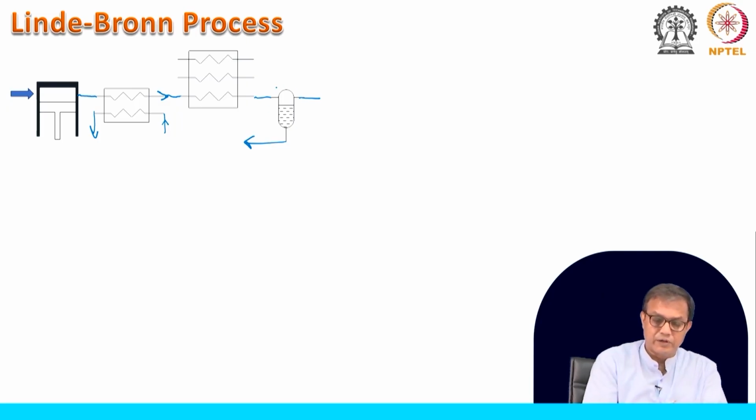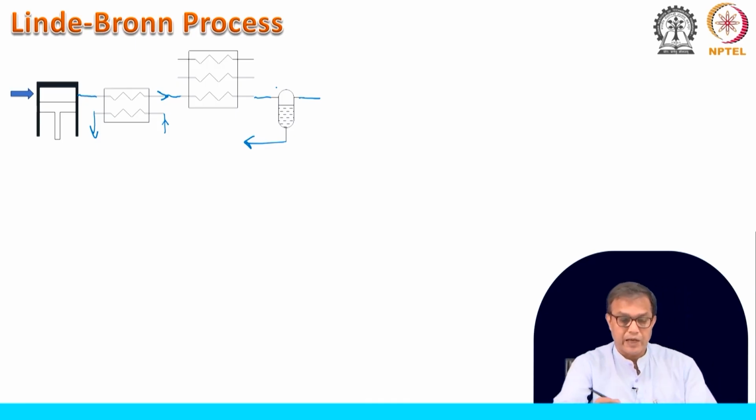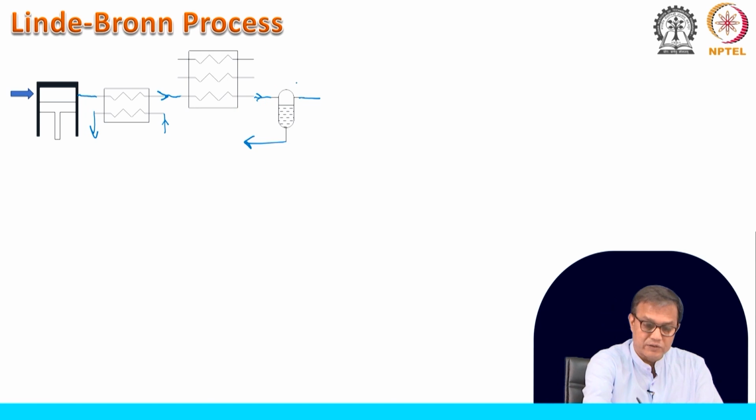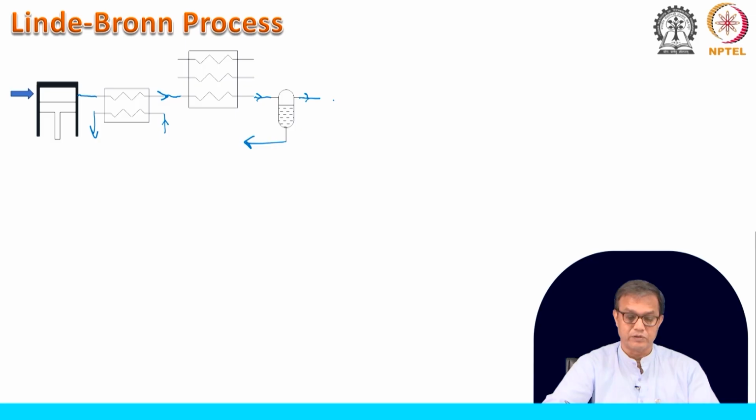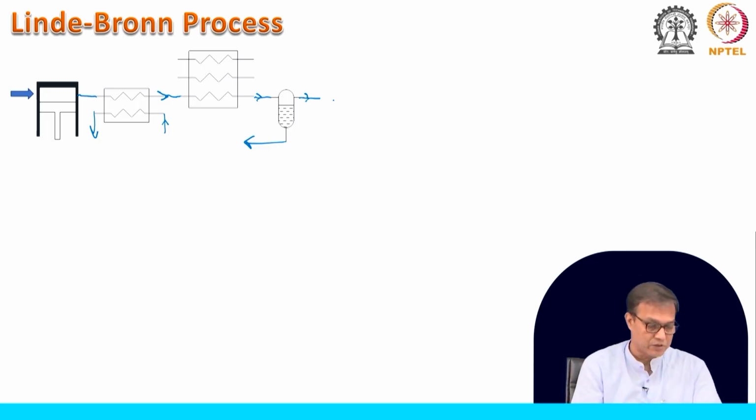This phase separator will separate out the liquid portion, and the gaseous portion will come as it is. So, whatever propylene was there in the coke oven gas is getting condensed and coming out, and the rest of the components are coming out in the compressed condition.